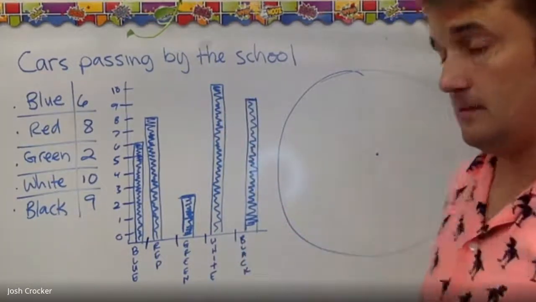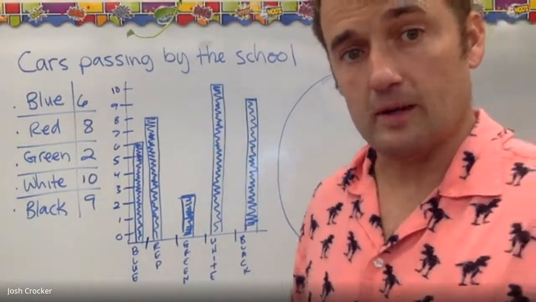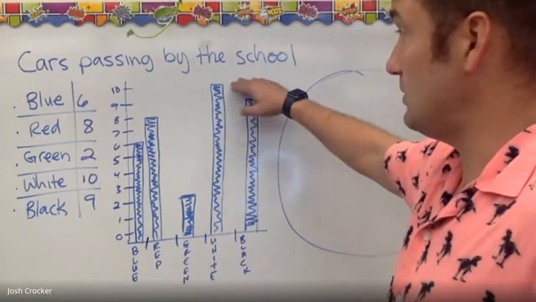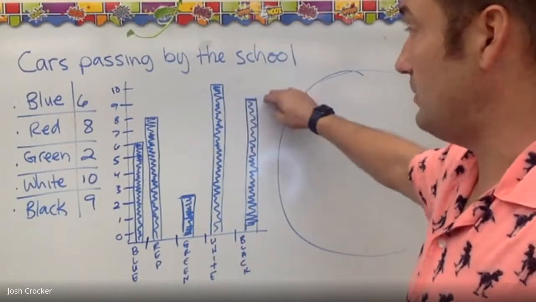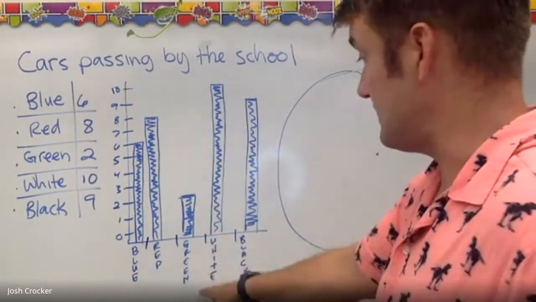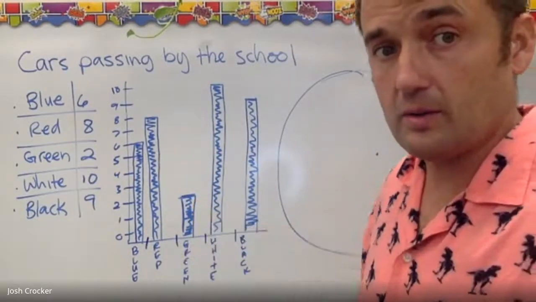So easy peasy, right? So now I can see, well, I had the most white, but quite a few black and a lot of red. My least popular color, it's easy to see, was green. Not a lot of green cars on the road.